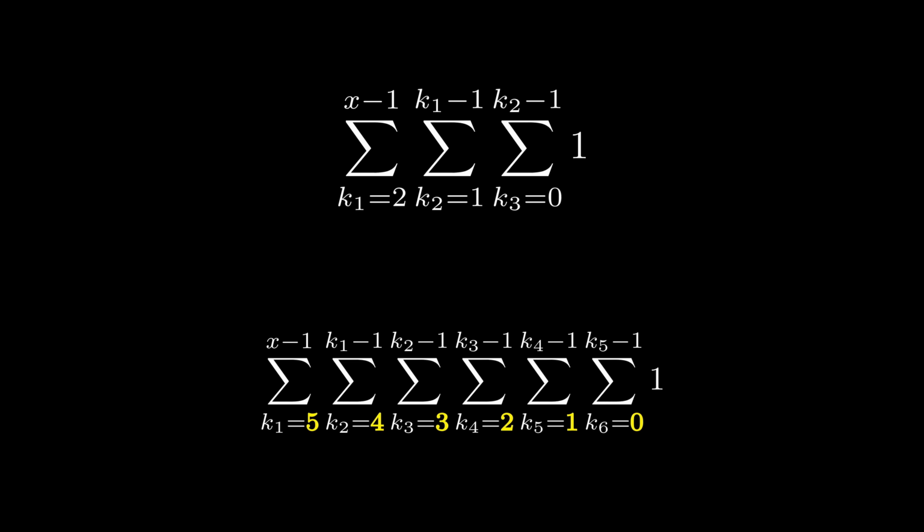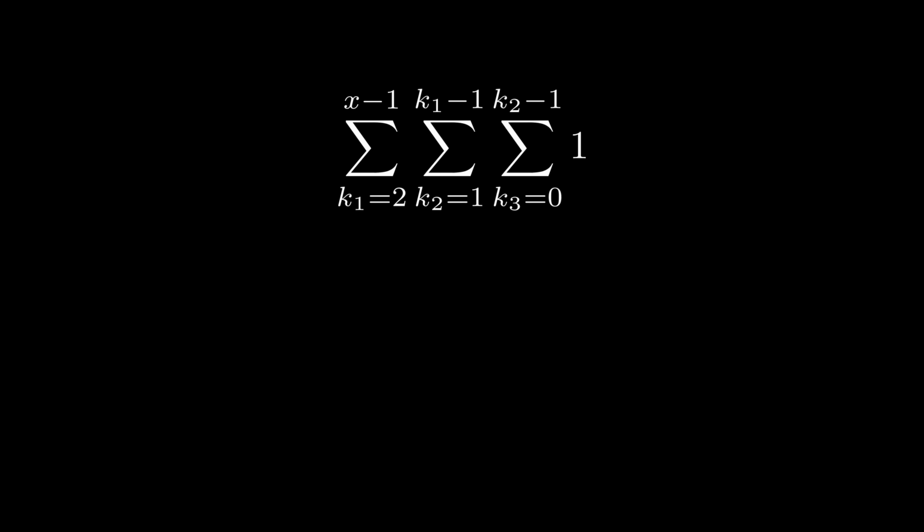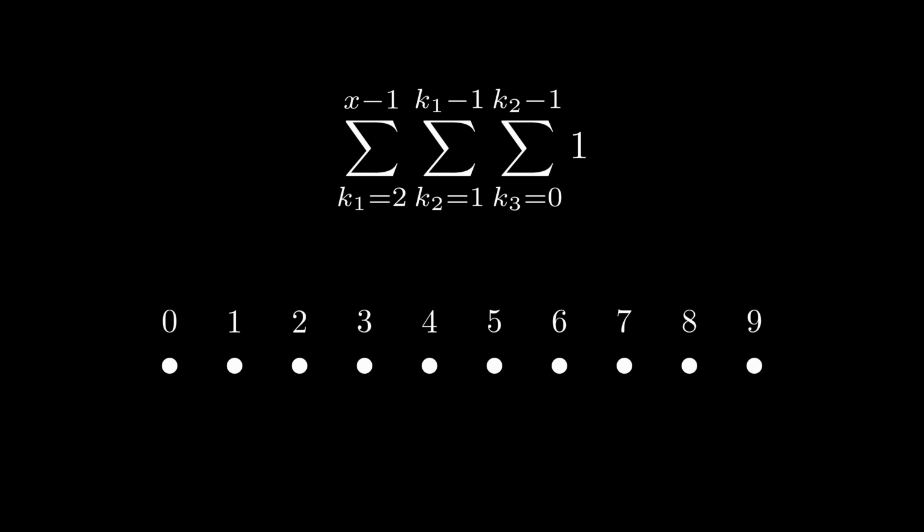Alright, admittedly this doesn't help much yet, but now let's visualize what this triple sum is doing. To make a concrete example, let's say that x equals 10. I'll list 10 points labeled 0 through 9, which we'll use to track the values of k1, k2, and k3. So, focusing only on the first sum, k1 starts at 2, and at each step it increases by 1.